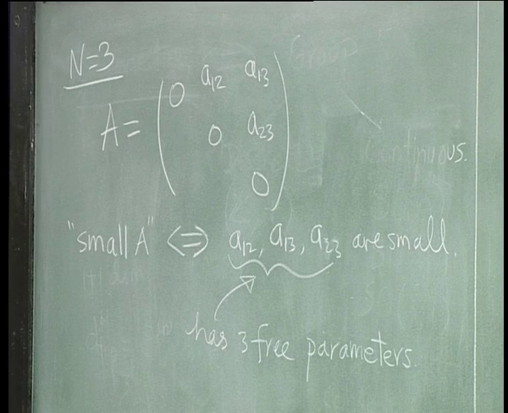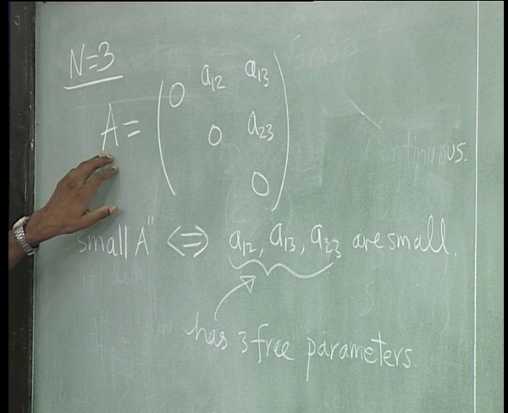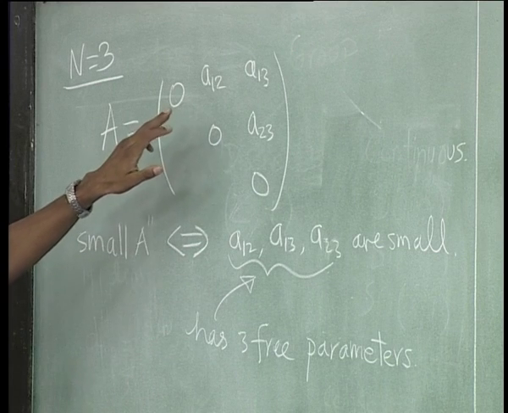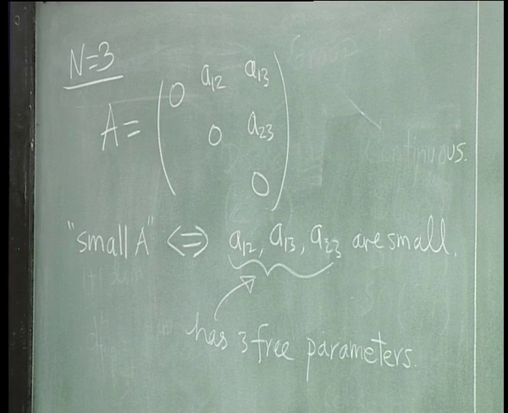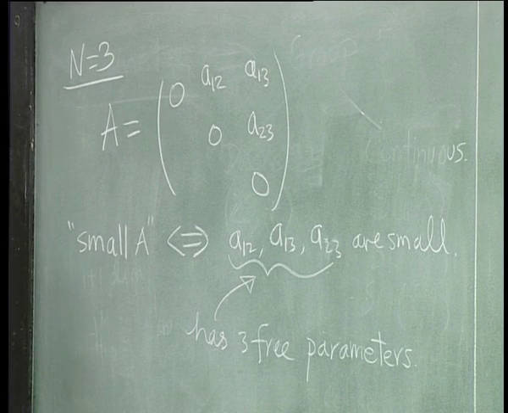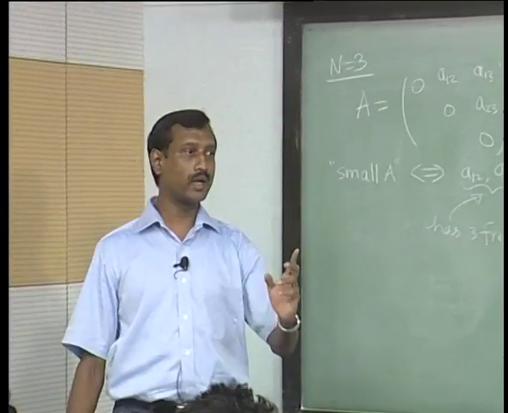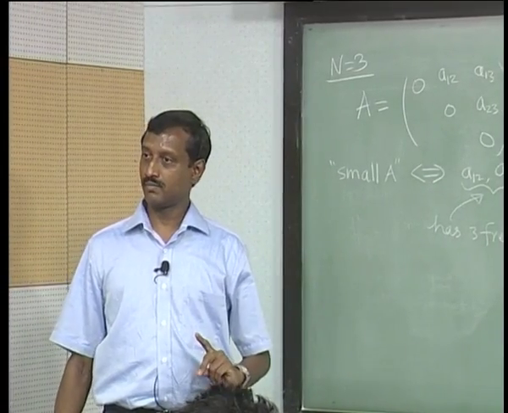Okay. And since we are only doing things to order a, the space of A's is a linear vector space, which is 3 dimensional. Okay. And in this case it is over reals. So it has 3 free parameters, and so what Noether's theorem tells you is that for every independent parameter you get one conserved current. Okay.